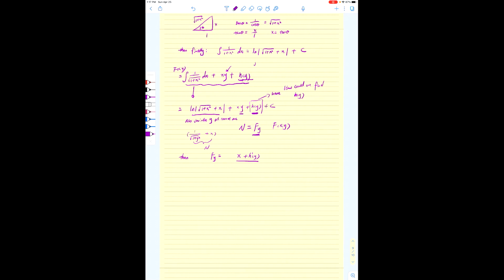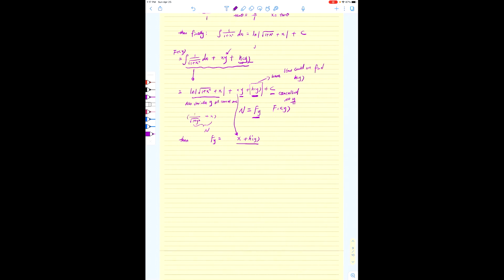Here has y, right? Then we do the derivative with respect to y and we get x left over. And then c cancels because there is no y.